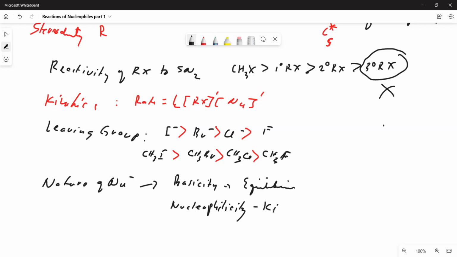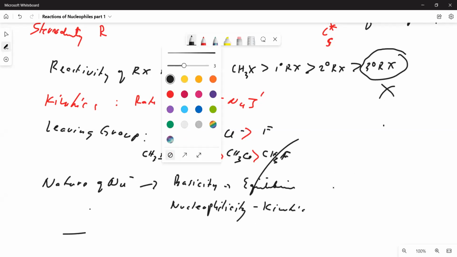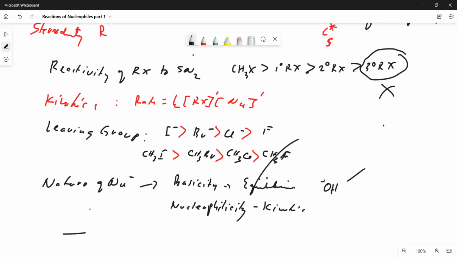How fast this nucleophile will attack a positive carbon, just like in our illustration above, the hydroxide. How fast the hydroxide attacks the carbon, then it will become more nucleophilic. So there is a thin line between basicity and nucleophilicity, because when you say hydroxide, we classify hydroxide as a base, right?